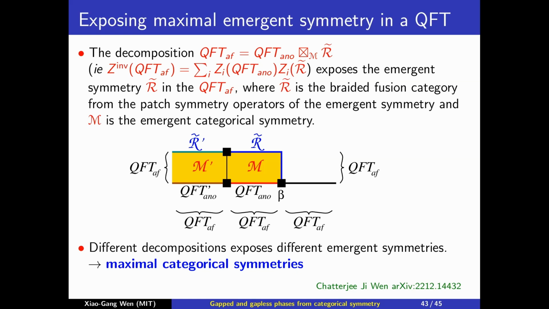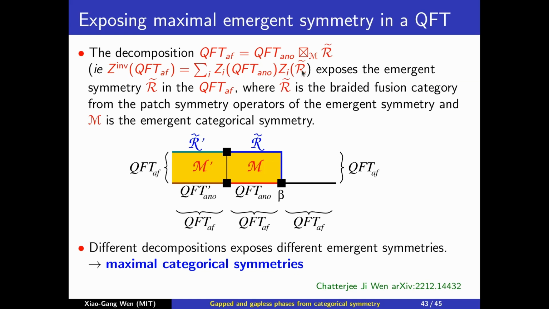And one way to expose the symmetry is to view this modular invariant partition function, viewing this CFT as a stacking of this picture. We have a topological order in the bulk, an anomalous multi-component partition function on one boundary, and a constant partition function on another boundary, this is a gapped boundary. Then the modular invariant partition function is given by this formula.